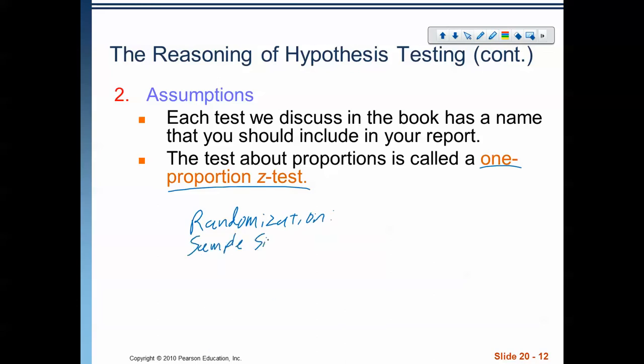And as it turns out, they are exactly the same as the confidence intervals that we just did. We need to have np greater than 10, and we need to have nq greater than 10. So more than 10 successes and more than 10 failures, and we're going to call that good.